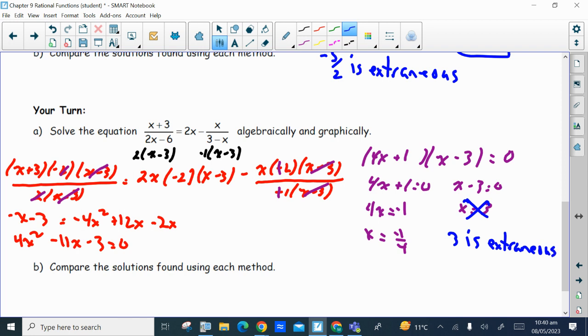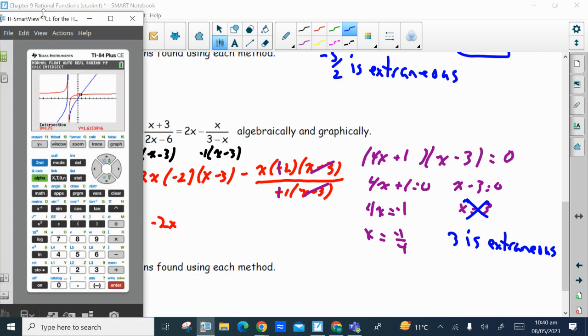Negative 1/4 is not a non-permissive value, so it very well could work. And you have two ways to figure out if it does. You could plug it into the original equation and make sure you get the same thing on both sides, or you could do this graphically. So y1 will be the left side, which I'm going to have to use some brackets to keep my numerators and denominators together.